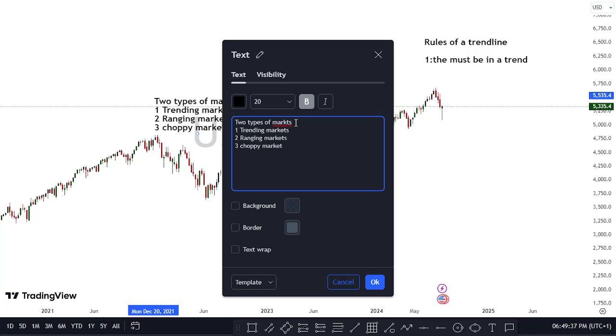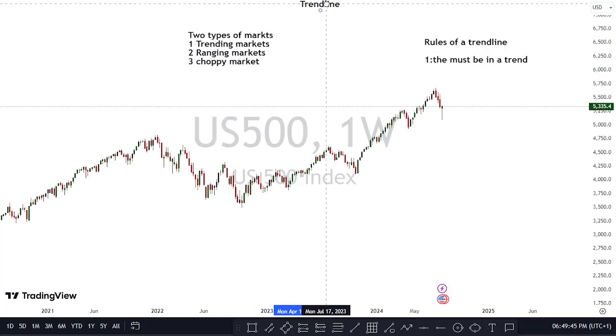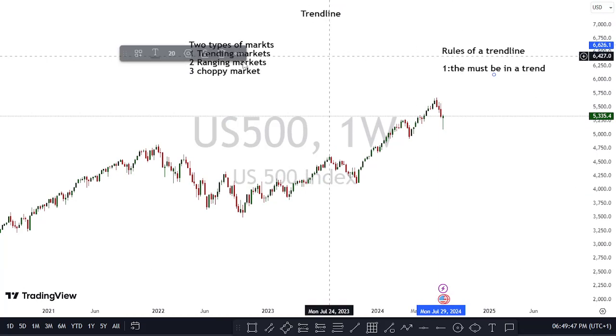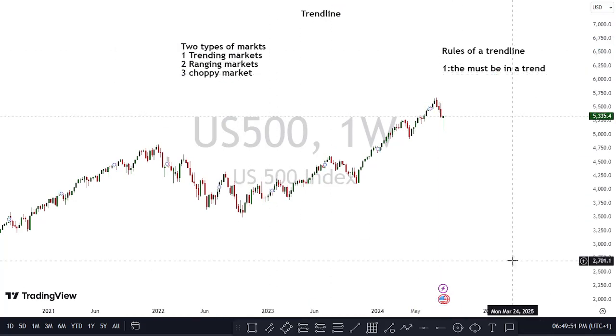This is not what we're going to be talking about, but just for the sake of this trend line concept, these are the types of market they have. So there's trending market, ranging market, and choppy market.